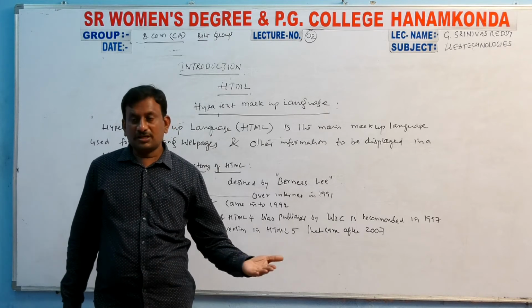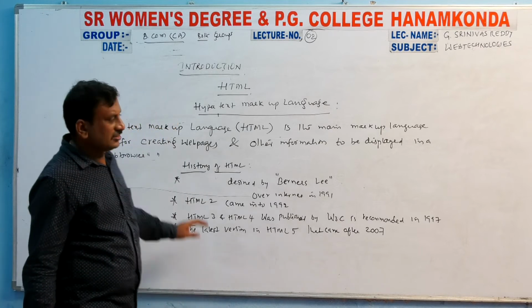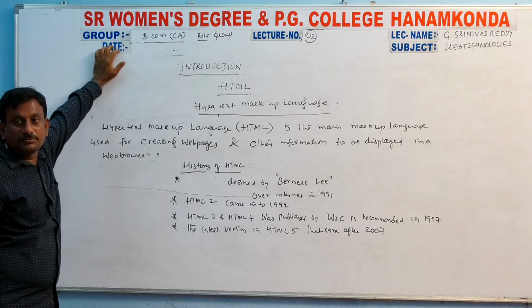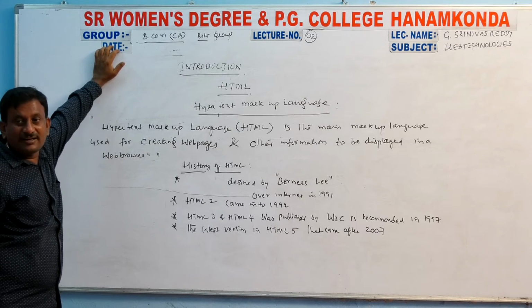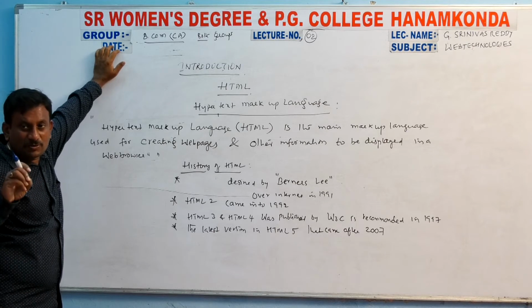Some more are there: Google Chrome, Mozilla Firefox, Opera, Netscape Navigator. These are the browsers. The information is displayed in a particular browser.